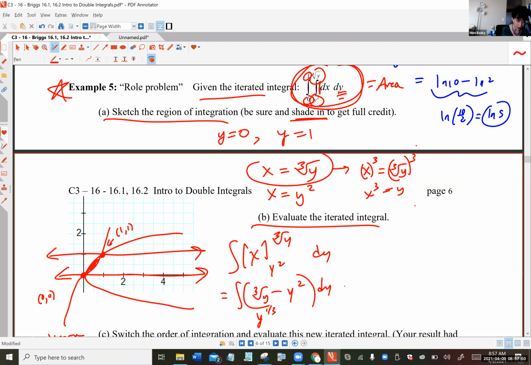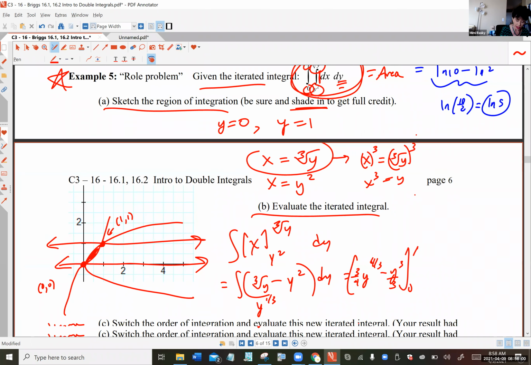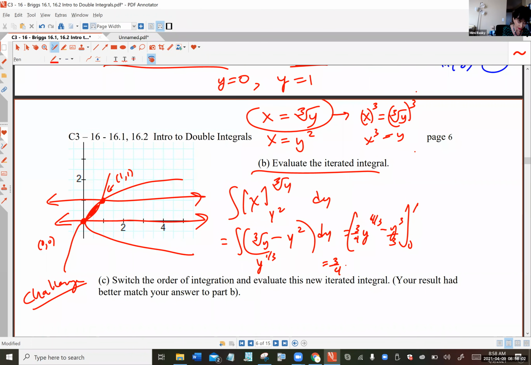And so you'll use your power rule, and you'll have 3/4 y to the 4/3 minus y cubed over 3. And you'll evaluate this between 0 and 1, and you'll get 3/4 minus 1/3 minus 0, and this ends up being 5/12. And that is the area. Any questions so far? Everybody got that, I hope?